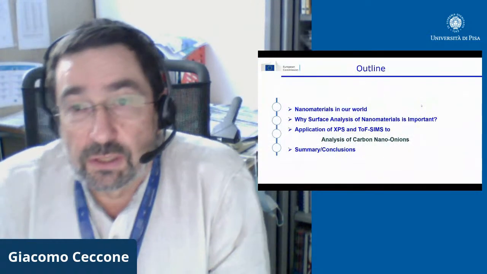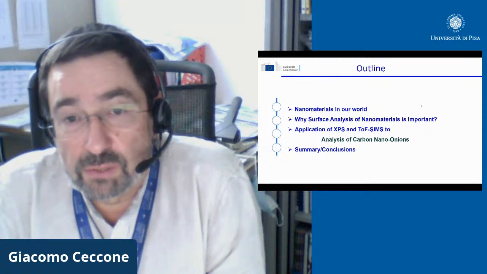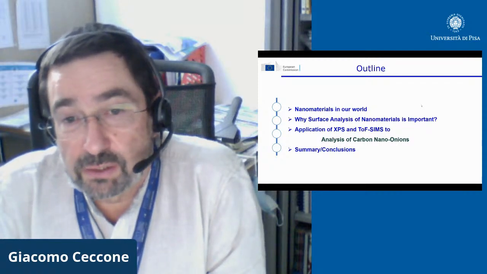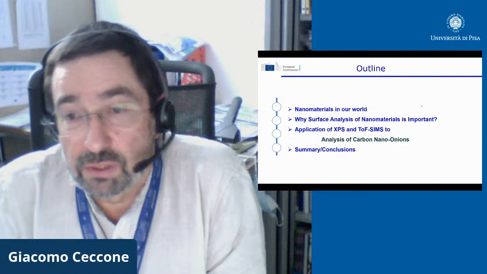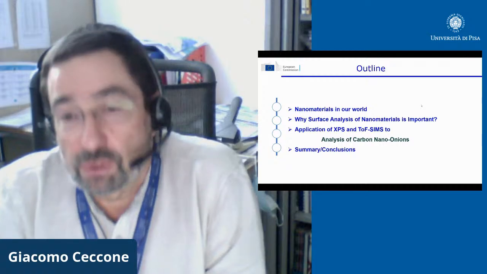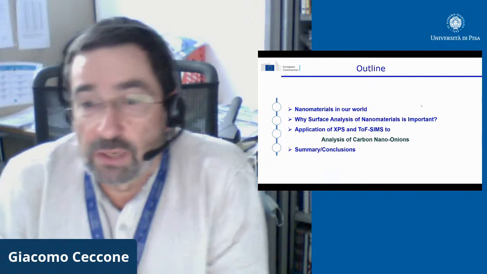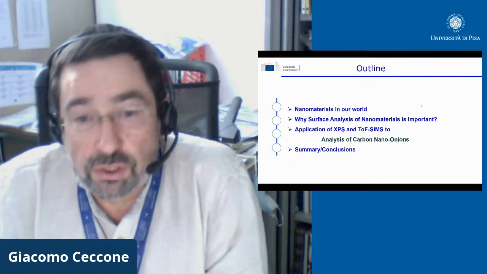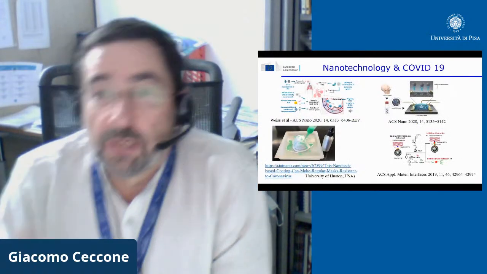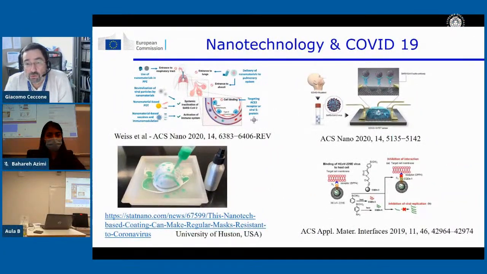So the outline is just a short introduction about nanomaterials, and then why surface analysis of nanomaterials is important. And then the application of X-ray photoemission spectroscopy and time-of-flight secondary ion mass spectrometry to analysis of carbon nano-onions, and some conclusions.